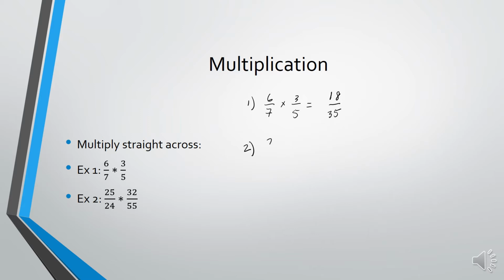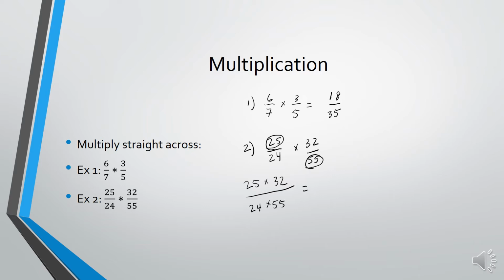For my next example, 25 over 24 times 32 over 55. Now I could go ahead and just multiply straight across, but there's a couple things that you want to see first. The first one is 25 and 55, well, those share some factors. So let's start with that. So my answer is going to be 25 times 32 over 24 times 55.